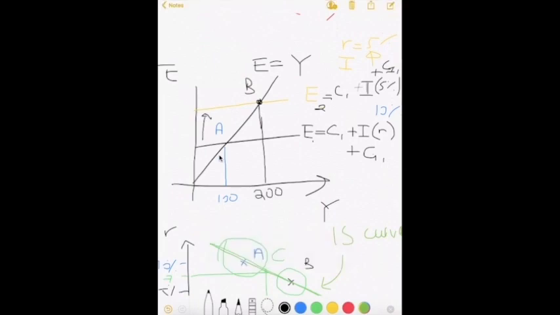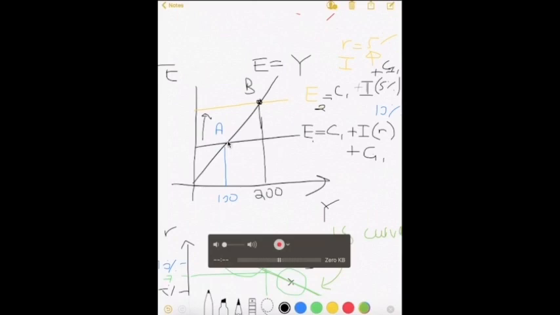Initially, we said that the economy was at equilibrium at point A, at which the GDP was 100 and interest rates were 10%. Then we said that when the interest rates changed to 5%, the cost of doing business went down.